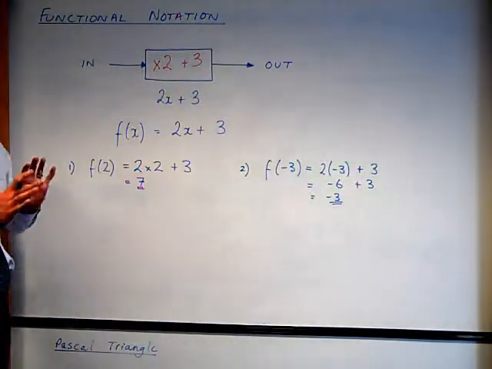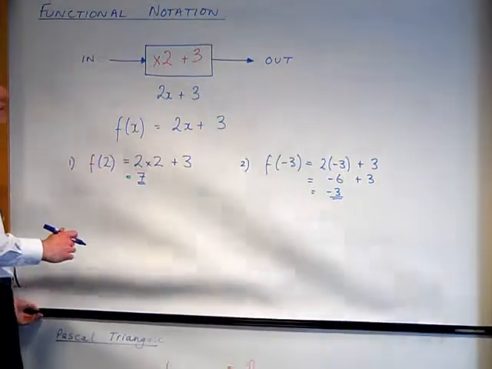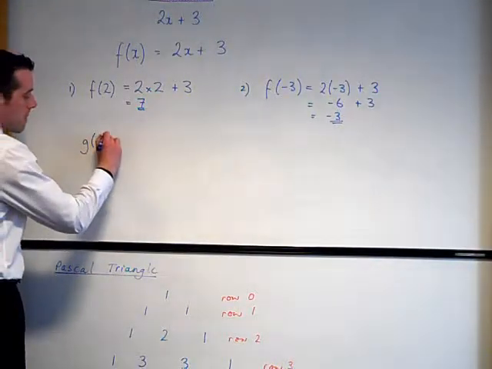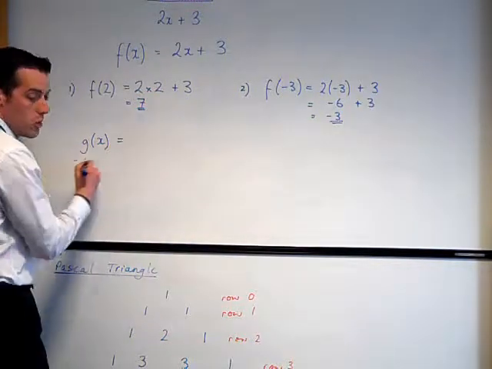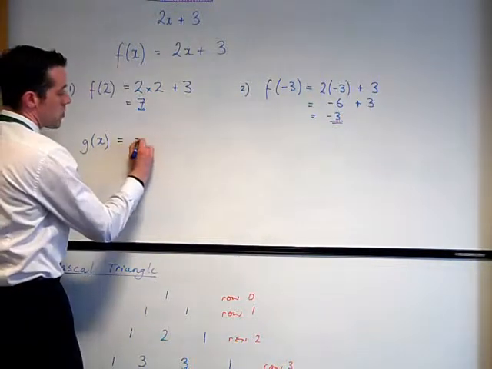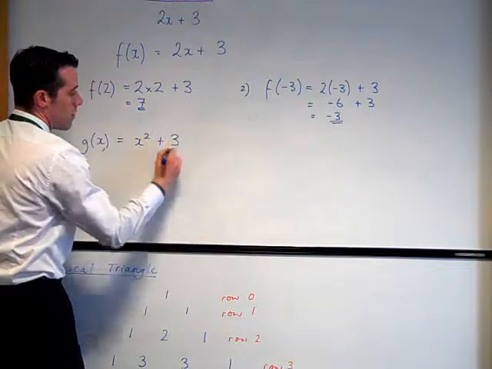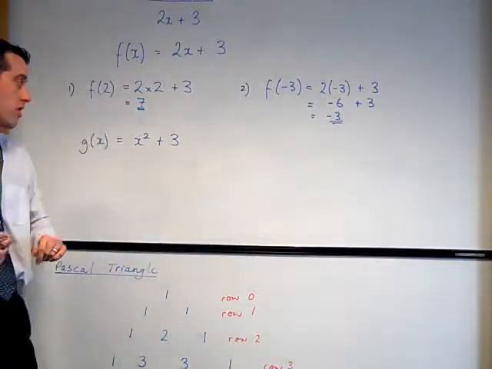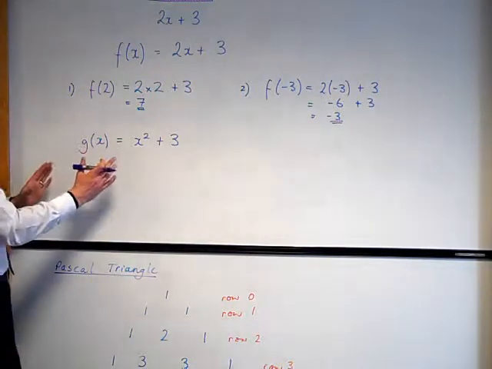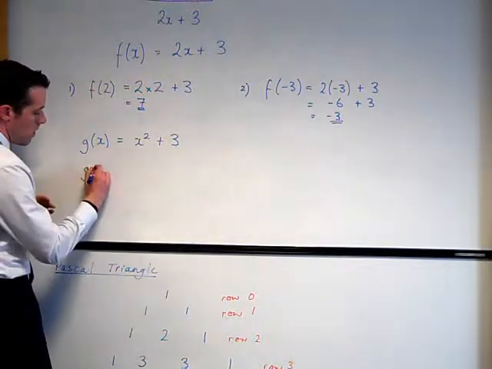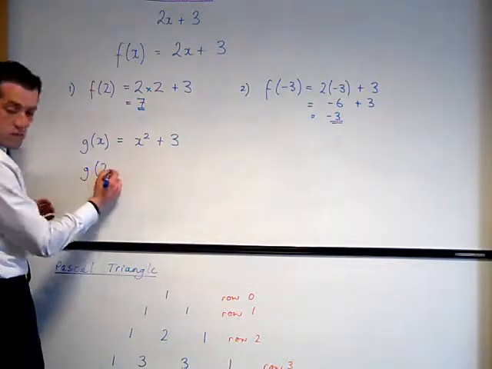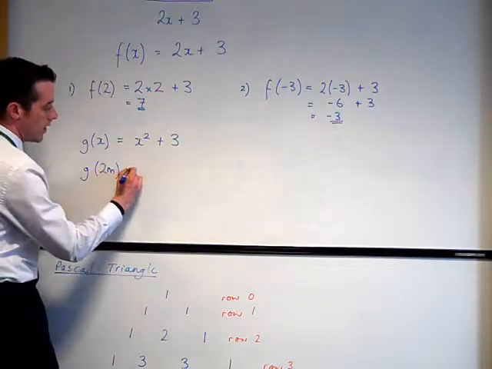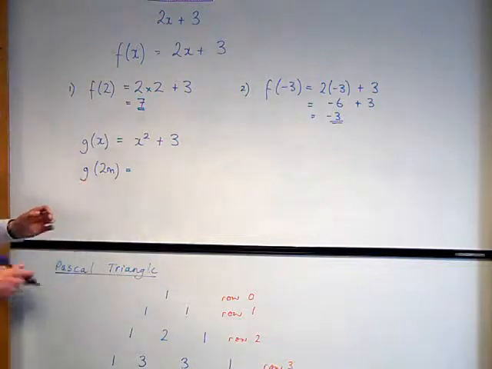Let's change the function up a wee bit. So let's look at another function, let's call it g of x, and we'll make it equal to x squared plus 3. So this time we're going to make the input algebraic, so this time it's g of 2m.